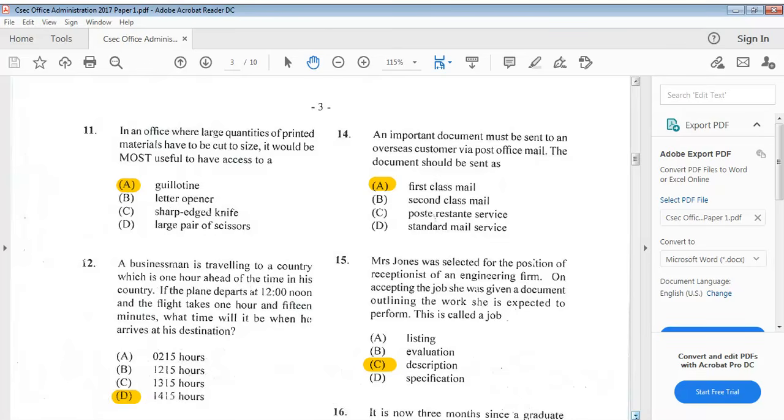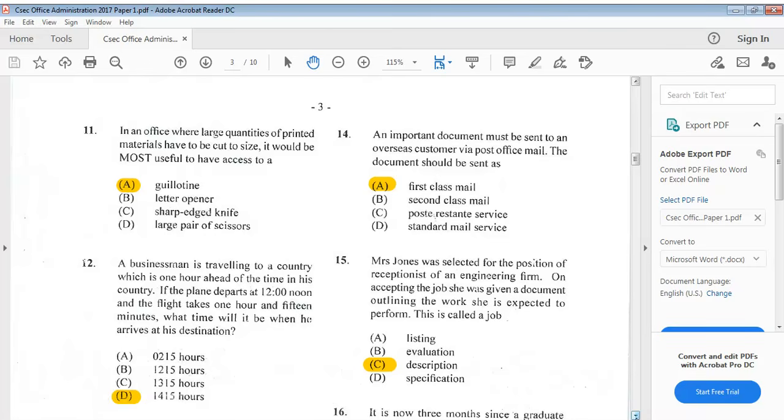When we use the method of elimination, we know a large amount of printed materials is to be cut to size. A letter opener could not be used, a sharp edged knife could not be used, neither a large pair of scissors. So our office equipment would be a guillotine. Let's move on to number 12.